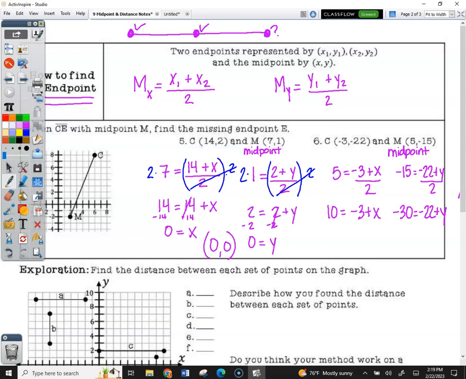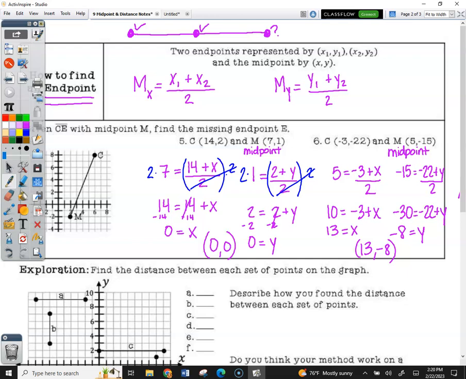And then in this case, instead of subtracting, we have negative numbers, so we are adding. You would add 3 over, right? And then add the 22 over. So you end up with 13 comma negative 8. So that's finding the endpoint when you know the other one is the midpoint.